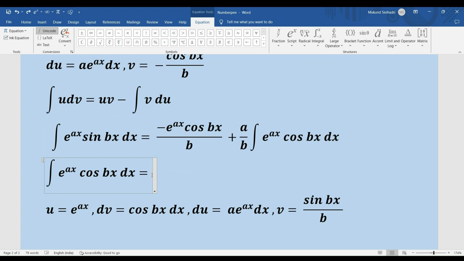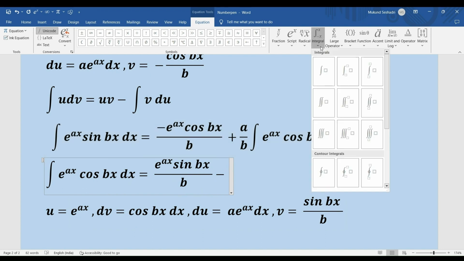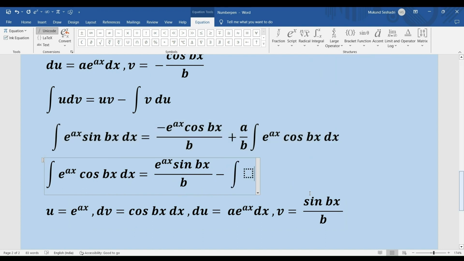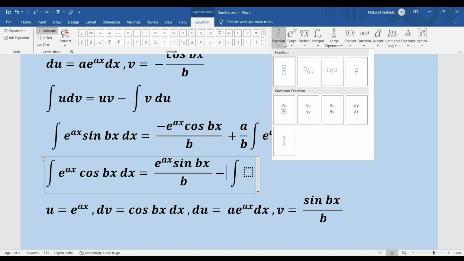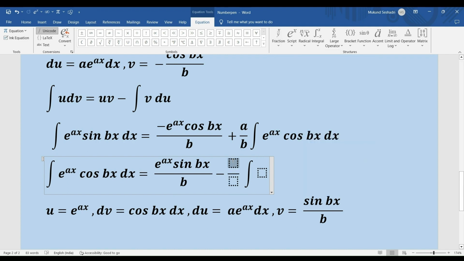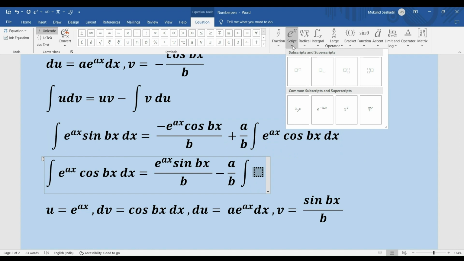So my uv now is nothing but e to the power ax times sine bx by b minus the integral of v du, which is nothing but the integral of a by b times e to the power ax sine bx dx, right? So I can pull out my a by b because that's a constant. And then what I have inside the integral is nothing but e to the power ax into sine bx.